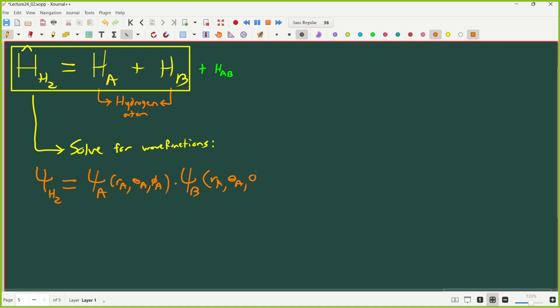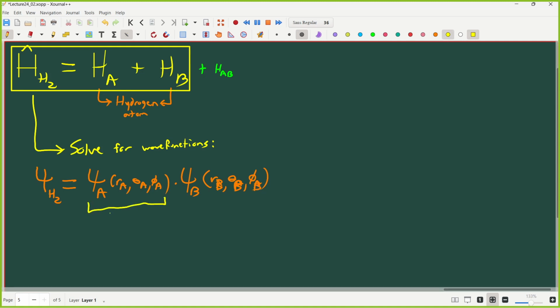This is B, I apologize. This is just the 1s orbital for hydrogen. So the resultant wave function for the hydrogen molecule is just a product of the two atomic orbitals at some distance from each other. We just take a product of them.